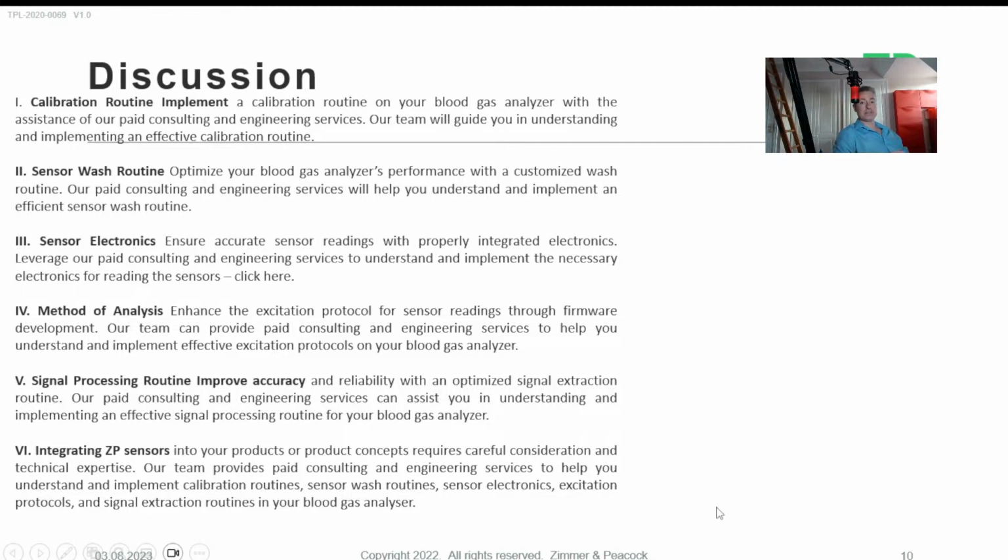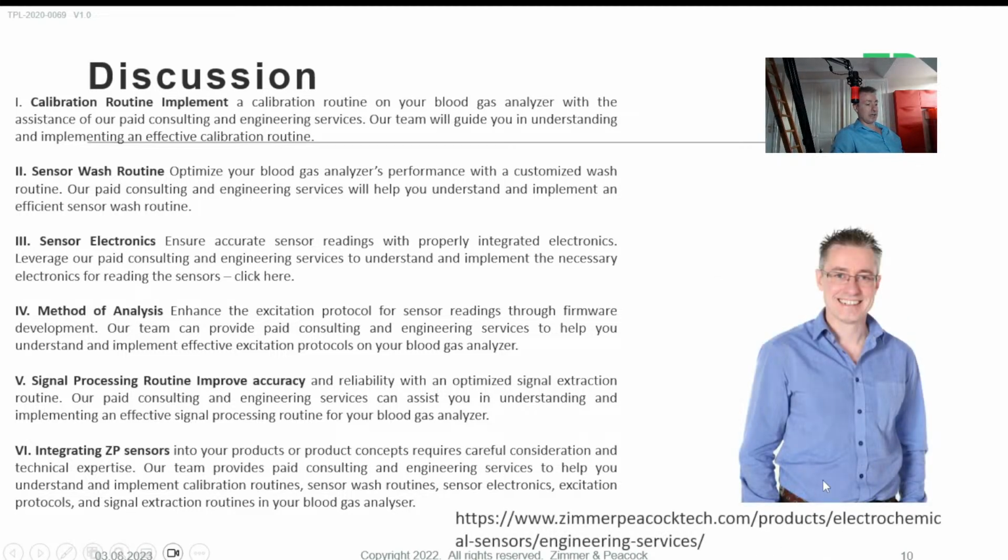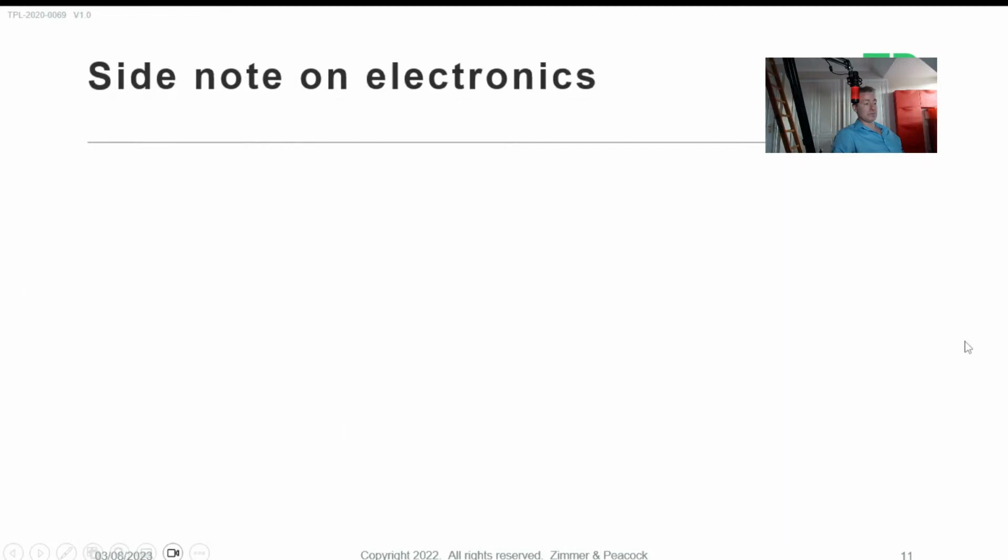The accuracy and performance of these sensors alone is a function of how you use a sensor in the system. But fundamentally, these kinds of electrodes and sensors are used in blood gas analyzers. Pull apart some on the market, you'll find them there. But I would say contract with ZP to advise on this.